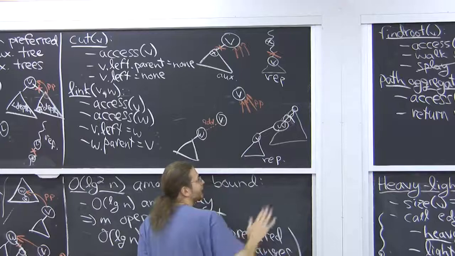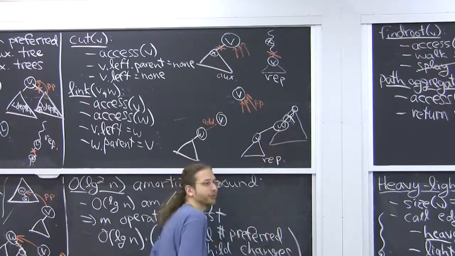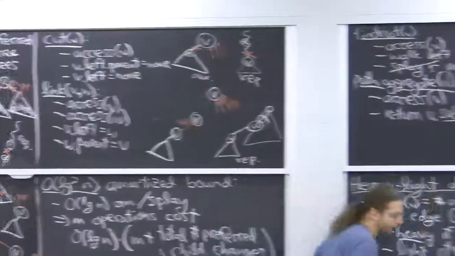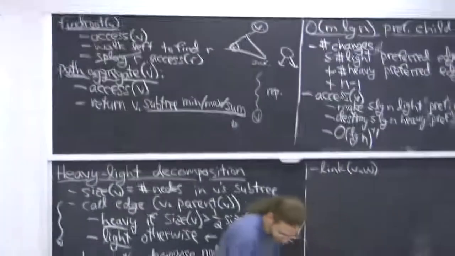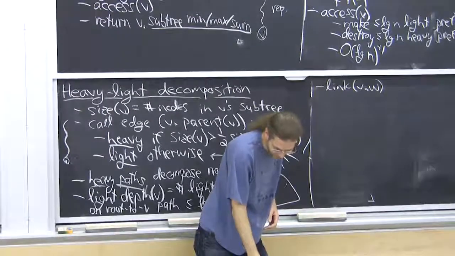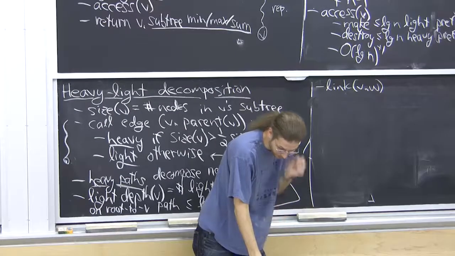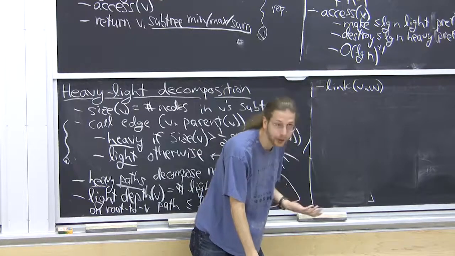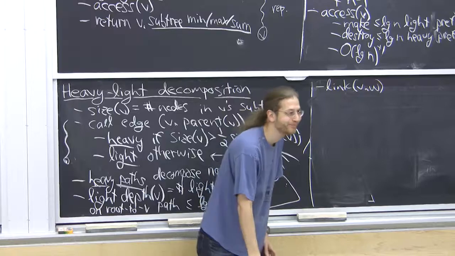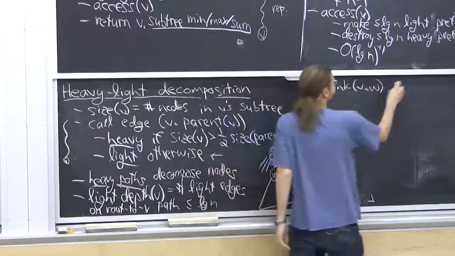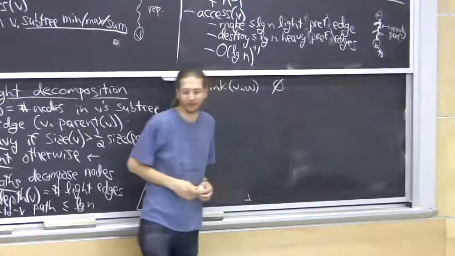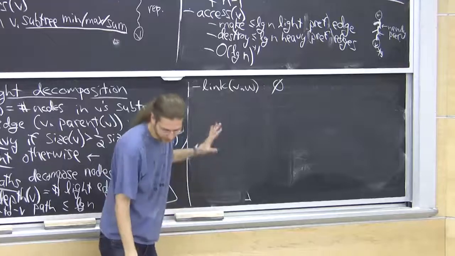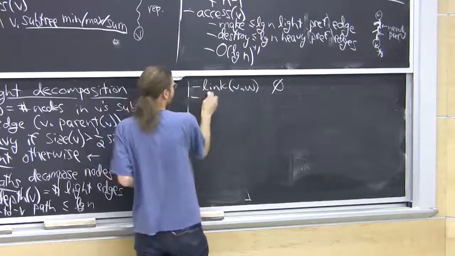If we've already done the accesses, these edges are already not preferred, so not a big deal. So can anything happen? I think not. Yeah, some of the edges on the path might become heavy, but we don't care because they are preferred. Some of the edges off the path might become light, but we don't care because they're not preferred. Done. So this actually costs 0 in just analyzing number of preferred child changes. Cut is not quite so simple.